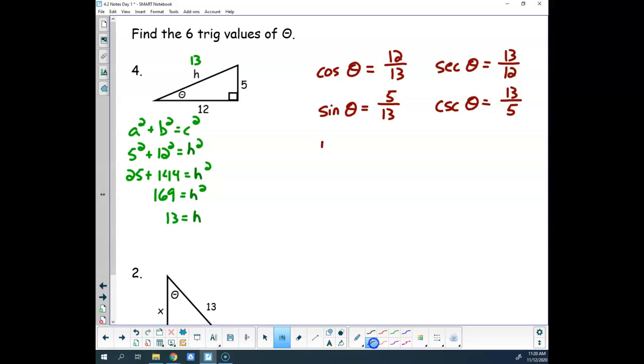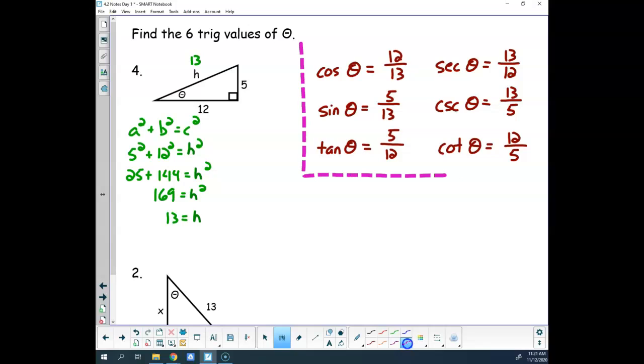The tangent of theta would be opposite over adjacent, which means the cotangent of theta would be 12/5. And those are the 6 trig values off of theta. Yes?